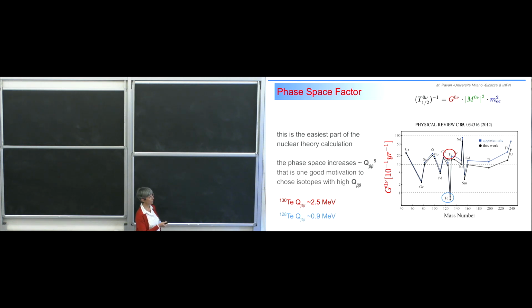So here you already see one of the possible requirements for candidates. If they have a high transition energy, then they also have a very good phase space. That is why I study double beta decay in tellurium 130. I do not study this one. It's a byproduct of experiments, but I have no chance of seeing this in the neutrinoless channel.